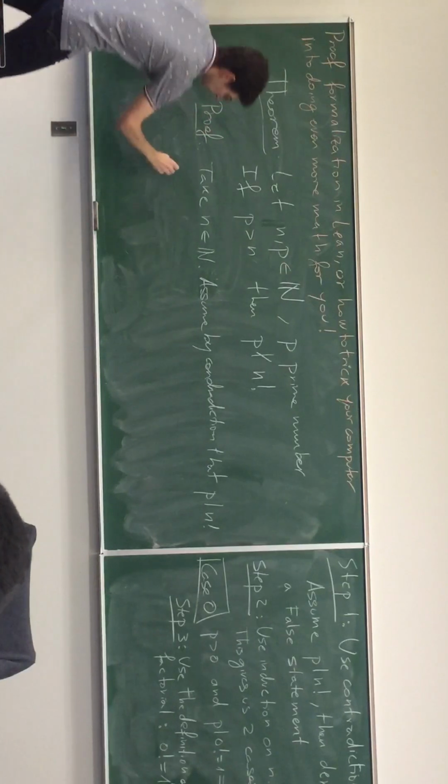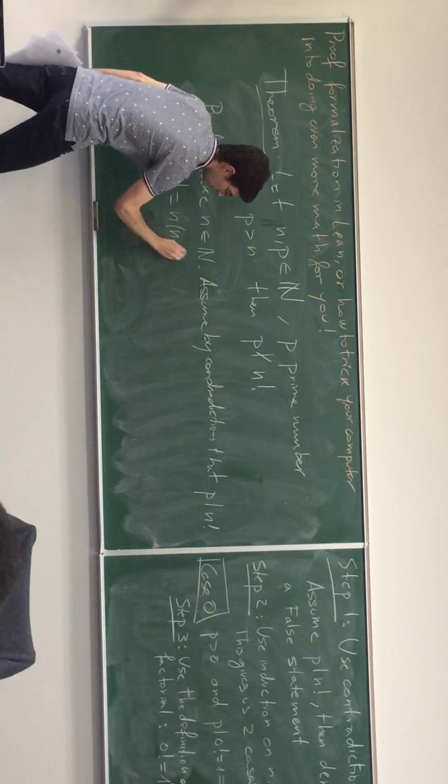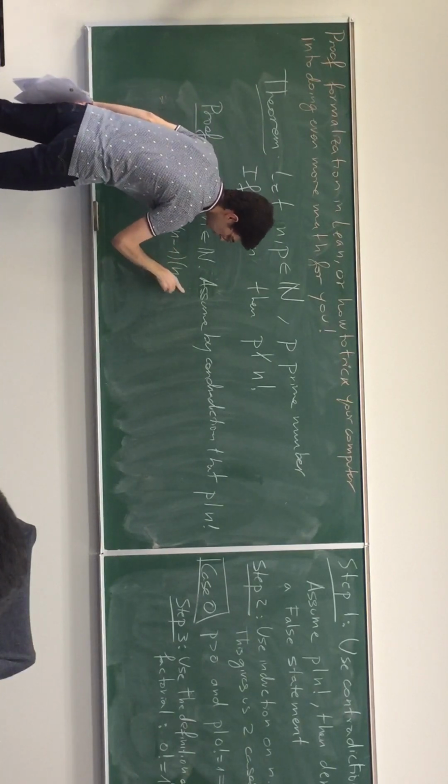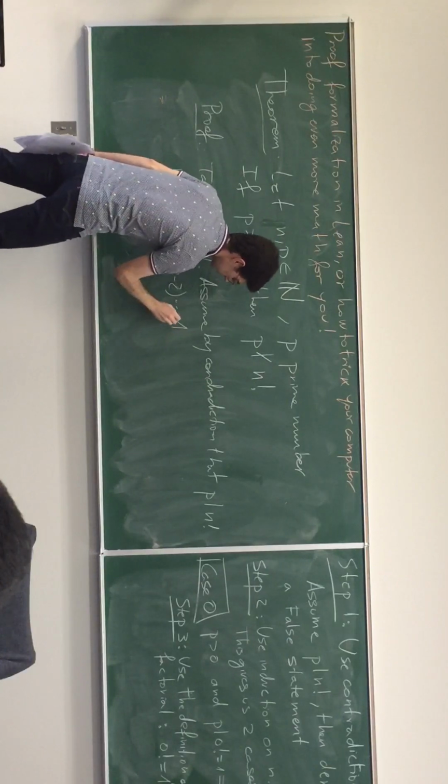But then n factorial is equal to n times n minus 1 times n minus 2, and so on until I arrive at 1. Okay?